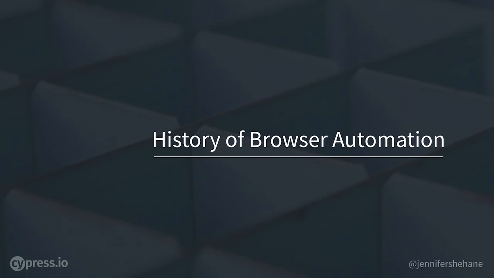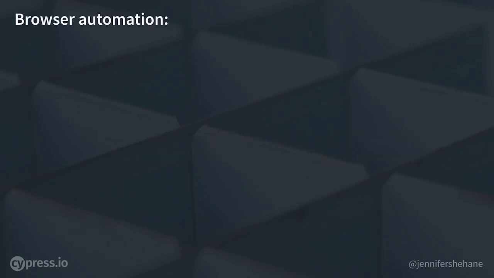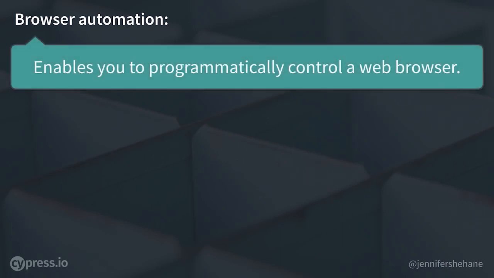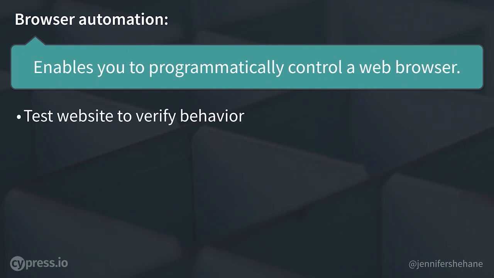So let's start with browser automation. Let's just quickly define what automating a browser means and why someone would want to automate a browser. So browser automation simply enables you to programmatically control a web browser. So you can use this to do things like test the behavior of your web application.